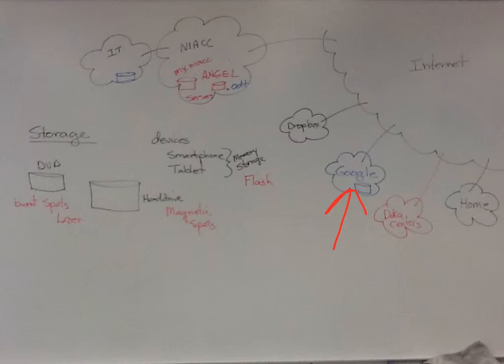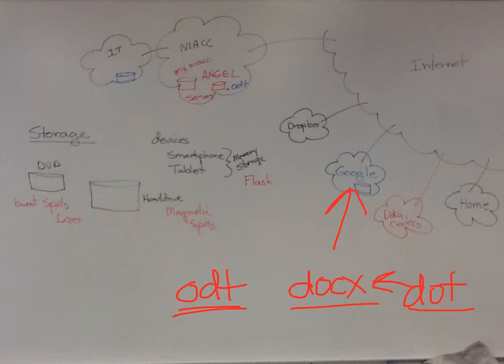Okay, some people turned in some files that were docx, Microsoft Word. We've got a DOT, that would be a Microsoft template. ODT, open document, an open document file. Some people turned in maybe a PDF.